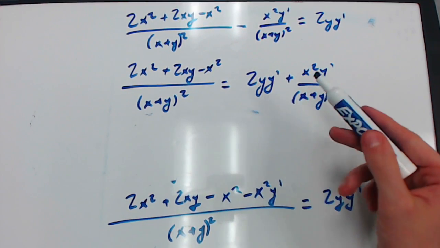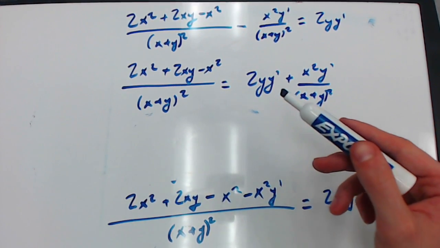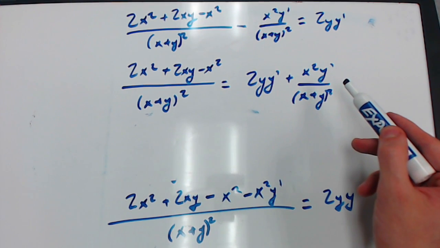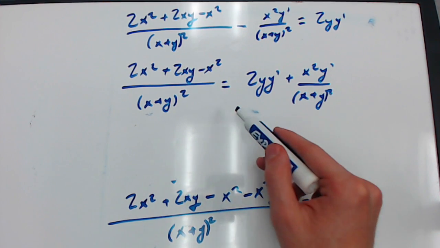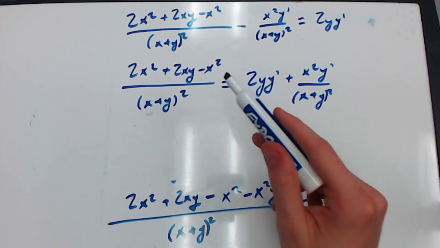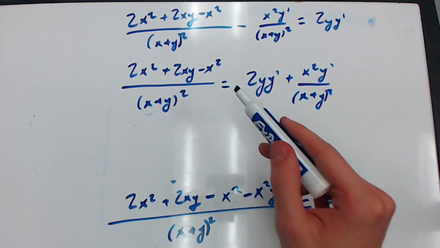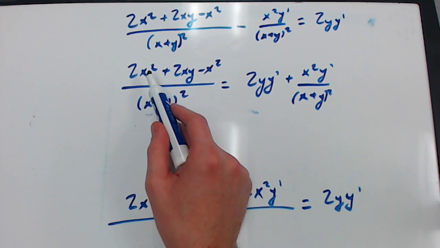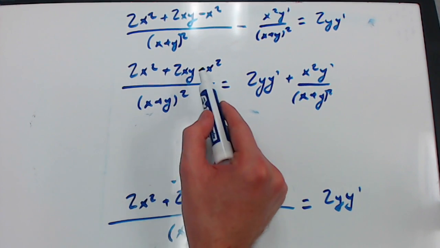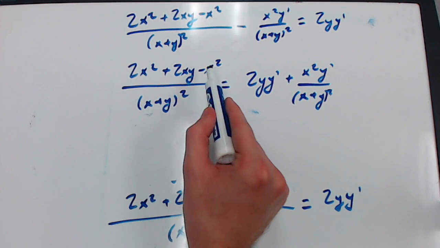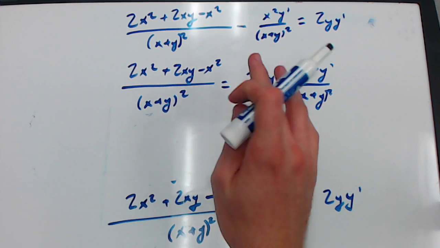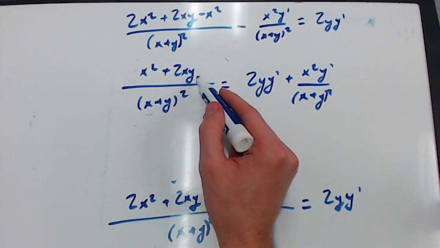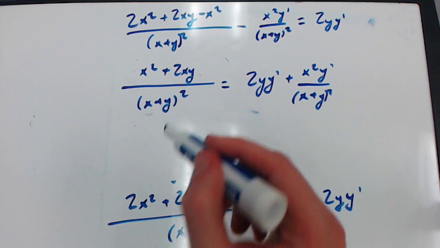Now this is going to be the same format that we always use. I'm going to go ahead and pull out that y prime, and I'm going to divide this whole side by the exact same thing. In this case, we can actually simplify a little bit, because if we have 2x squared, we can subtract that x squared and get left with x squared plus 2xy, just to make it easier on ourselves.